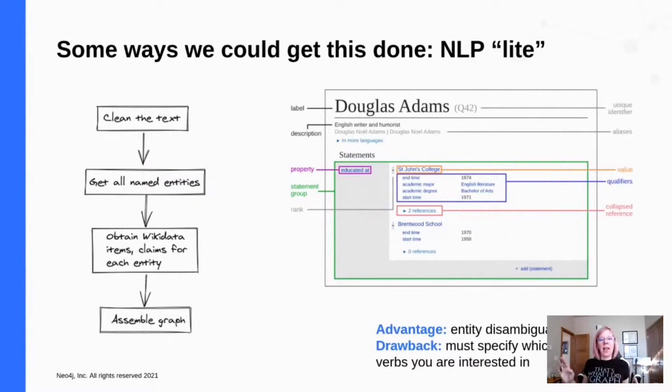With NLP Lite, we're going to query Wikidata, and we're going to start by cleaning the text and getting the named entities, but then we're going to take those named entities into Wikidata. So for instance, on the right here, we've got the entry for Douglas Adams. We have these things called Q values and P values. The Q value is a unique identifier for my subjects and my objects, or my nouns.